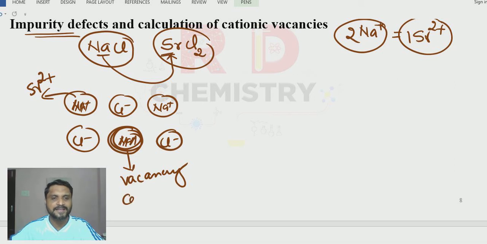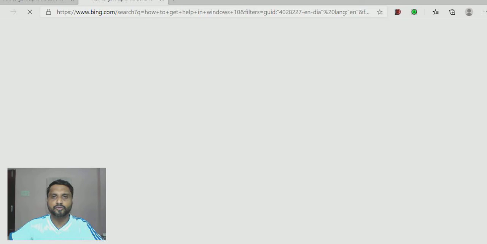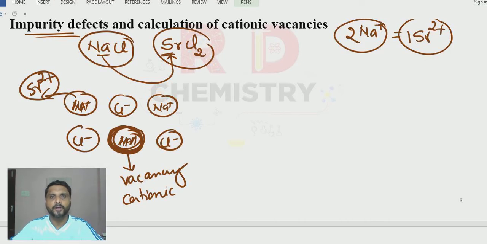So this is called the cationic vacancy. Cation is missing here. Now how many cationic vacancies are there? The number of vacancies is equal to the number of strontiums. Therefore the cationic vacancy is equal to the concentration of the strontium chloride present.